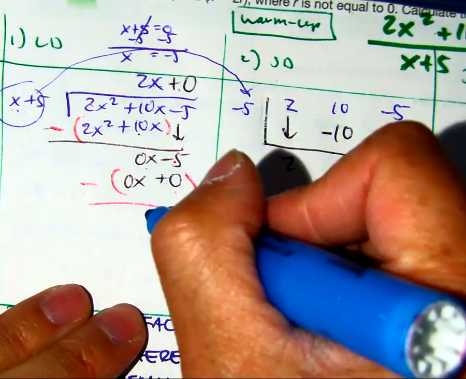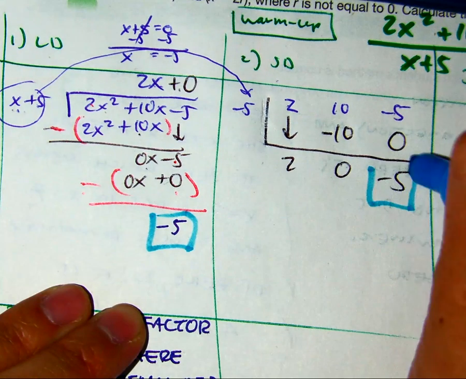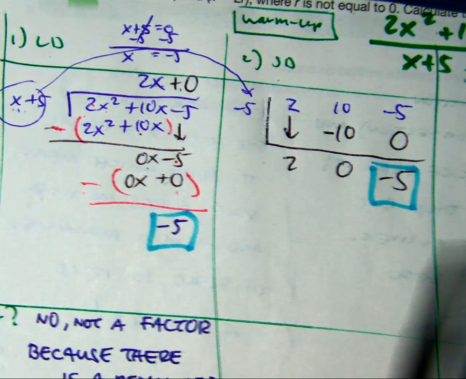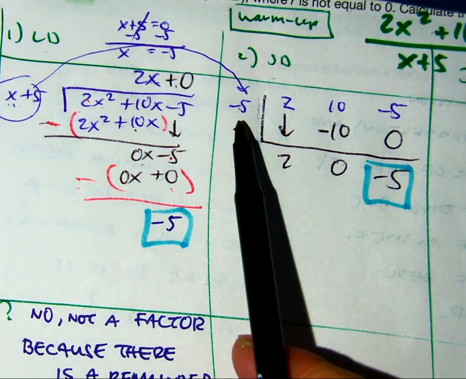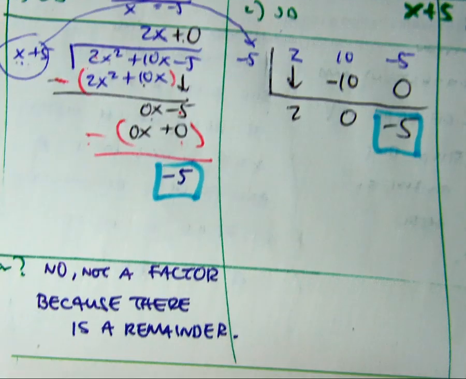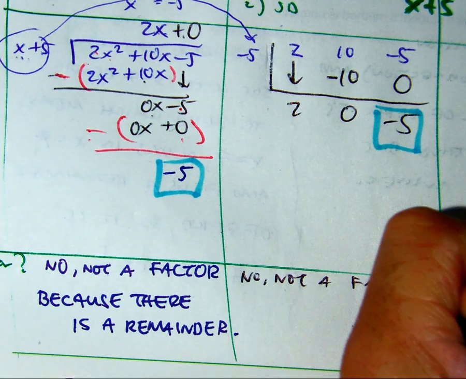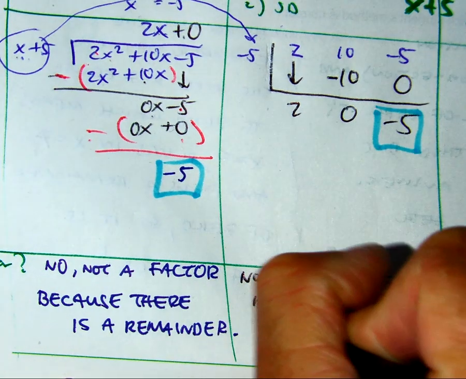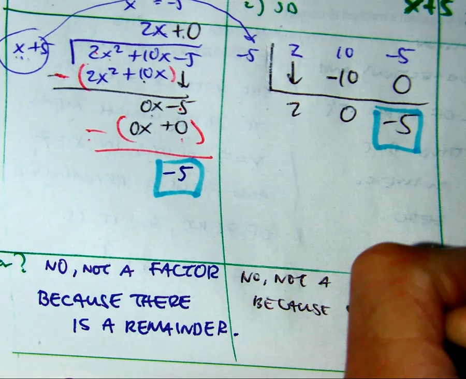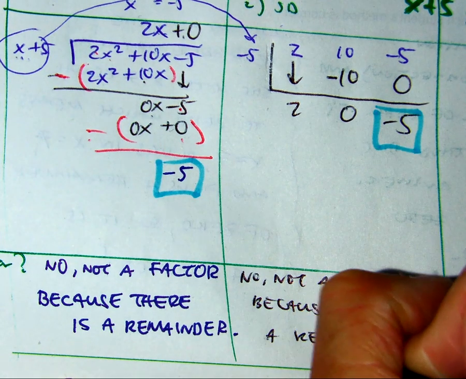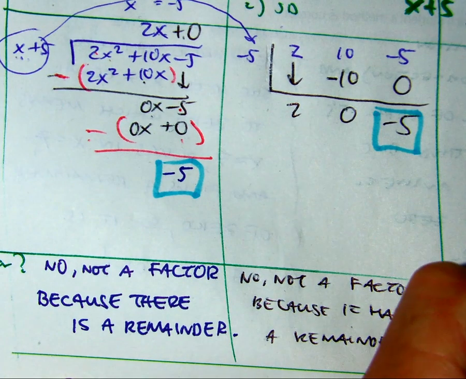So we have a remainder of negative 5. Nick, is x plus 5 a factor? No. Why not? Thank you, Nick.